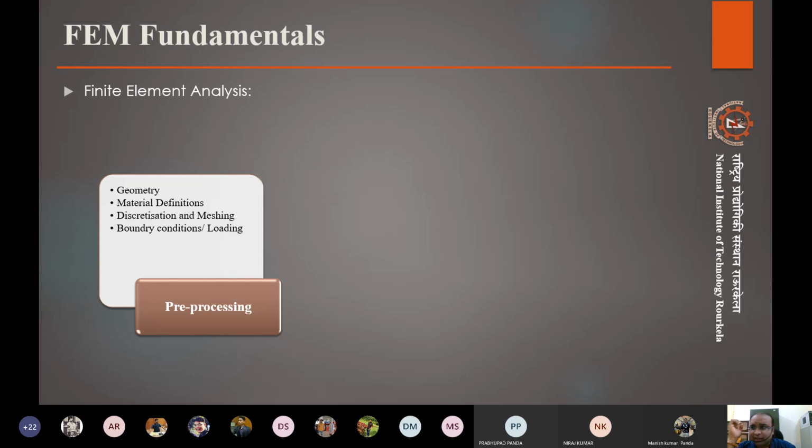Then comes the boundary condition and loading condition. Again, same thing we saw, how we have to give the initial conditions. If there is, suppose, a slope, it has to be specified where it is allowed to be stable on which side, like on the base it has no movement in the x and y direction, right?